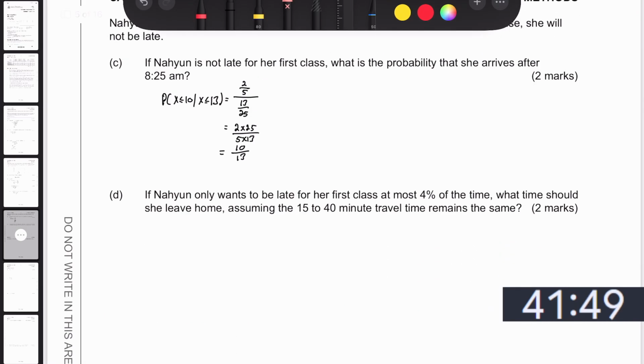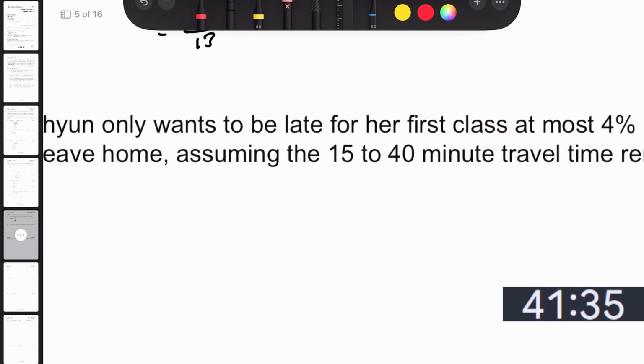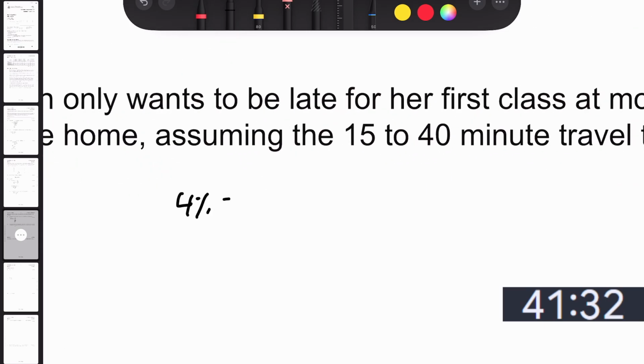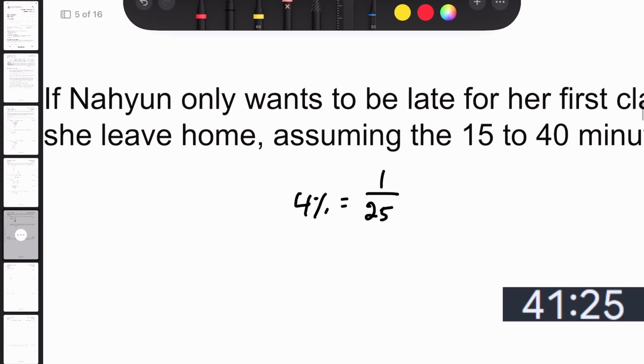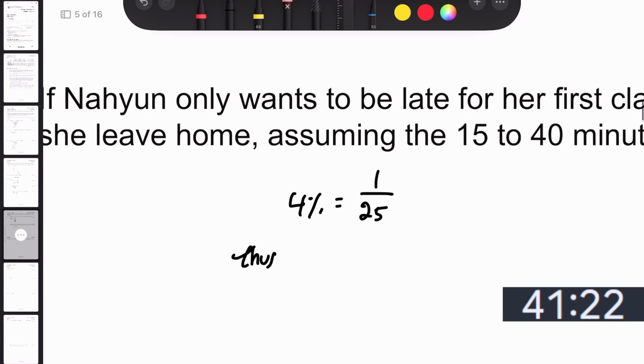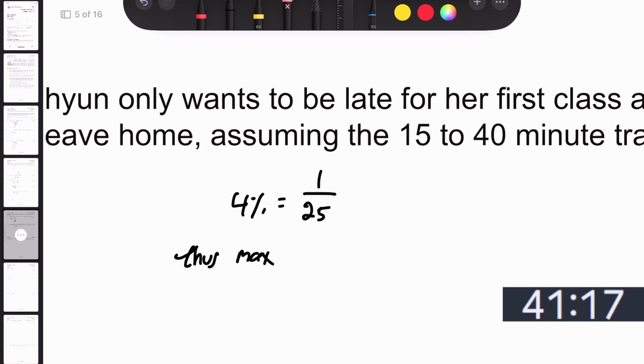If Nahum only wants to be late to her first class 4% of the time, what time should she leave home? Assuming the 15 to 40 minute travel time remains the same. At most 4%. 4% is the same as 1 on 25. Let's max 39 minutes.